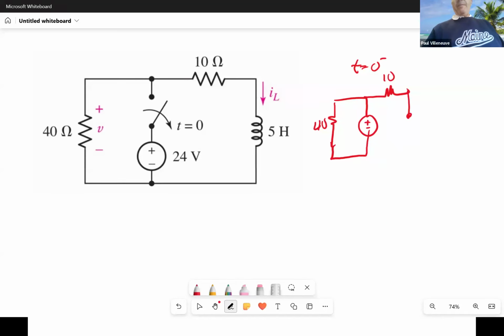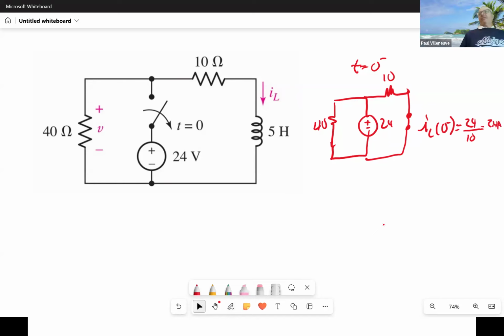Becomes a short circuit, right? So my IL of zero minus is going to be equal to 24 volts divided by 10 ohms, which is 2.4 amps, is it not? Isn't that my steady state current if the inductor has been allowed to charge for a very long period of time? So I end up with 2.4 amps.